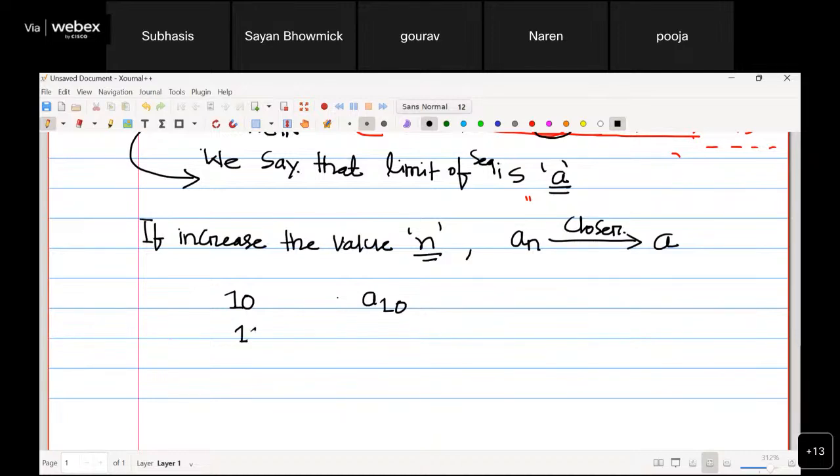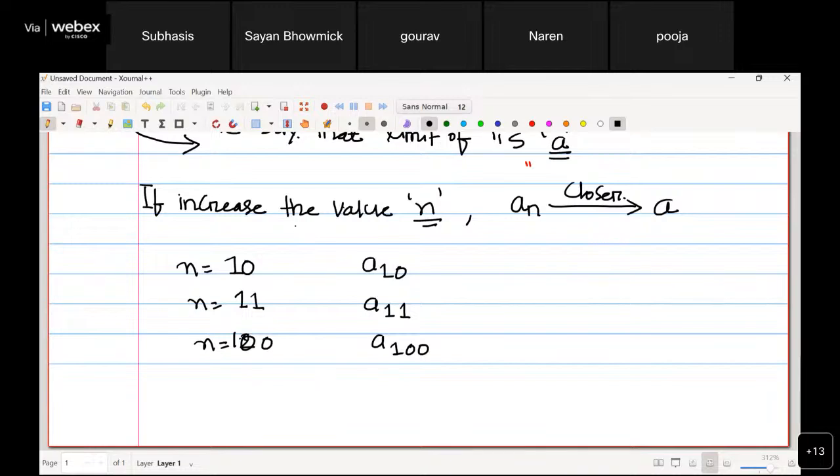If I take 11, I have A11. Then for maybe 100, I have A100. As you can see, I'm increasing the value of n. If I increase this value of n, then for A100 I will get something else.